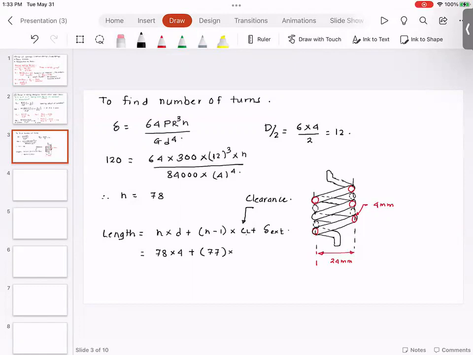Say I'm going to say 1 millimeter, plus delta extension, which is also assumed to be 20. And you can add this up, and that will give you the total, how much is it? 409. So 410 millimeters.